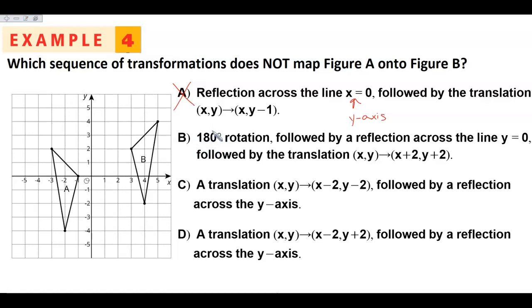So when I look at 180-degree rotation, remember I'm negating my x and my y. So this point is (-1, 0), I'm going to be (+1, 0). Okay, so we're just changing the signs for x and y.